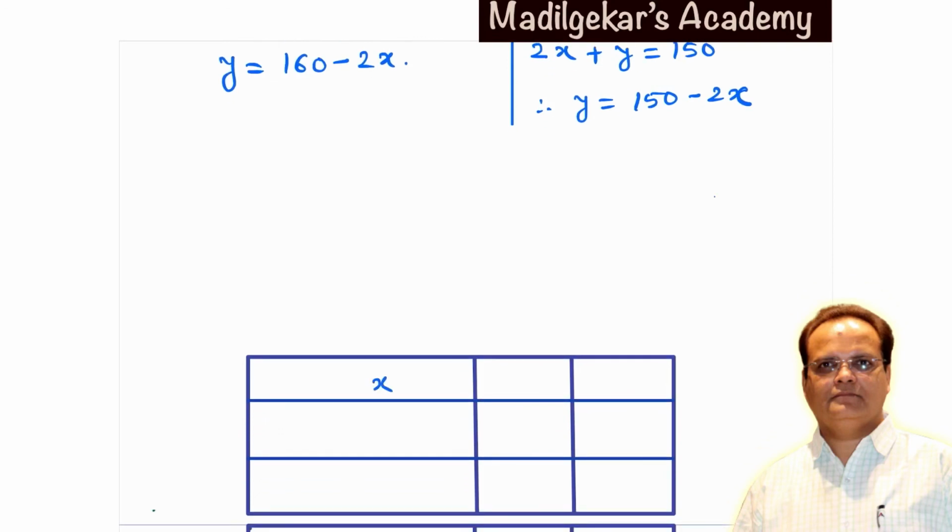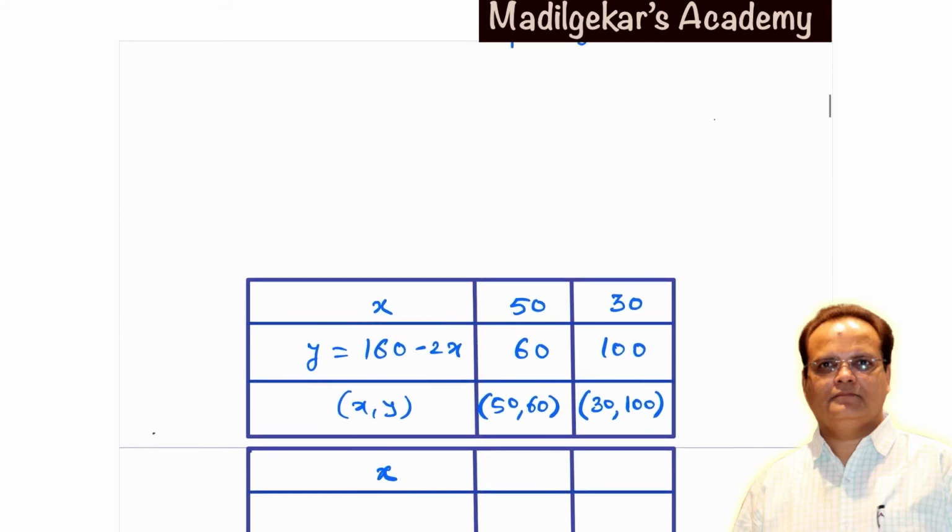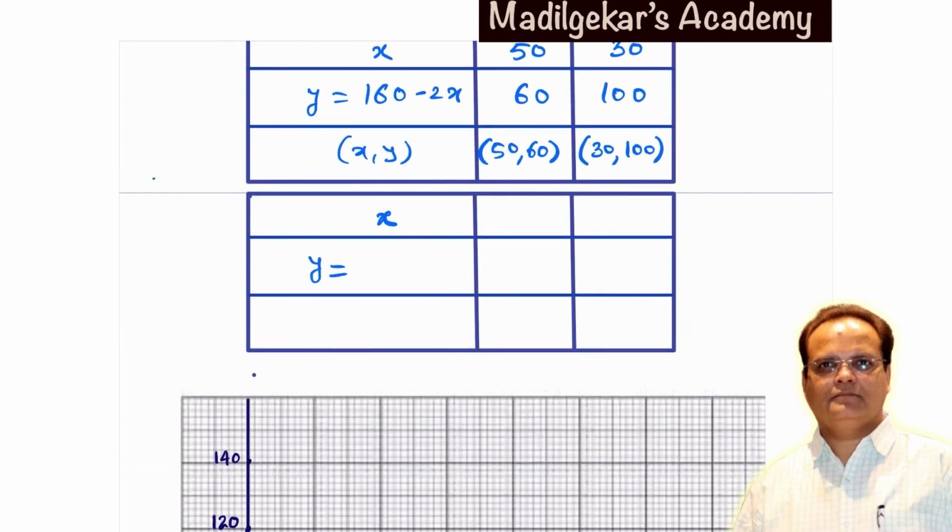Let us find points on these lines. So x, y is 160 minus 2x, and x comma y. Choose convenient values of x. So if x is say 50, the corresponding y value will be 60. So the first point is (50, 60). If we take x equals say 30, 160 minus 60 is 100. So the second point is (30, 100). Points on the second line, y equals 150 minus 2x.